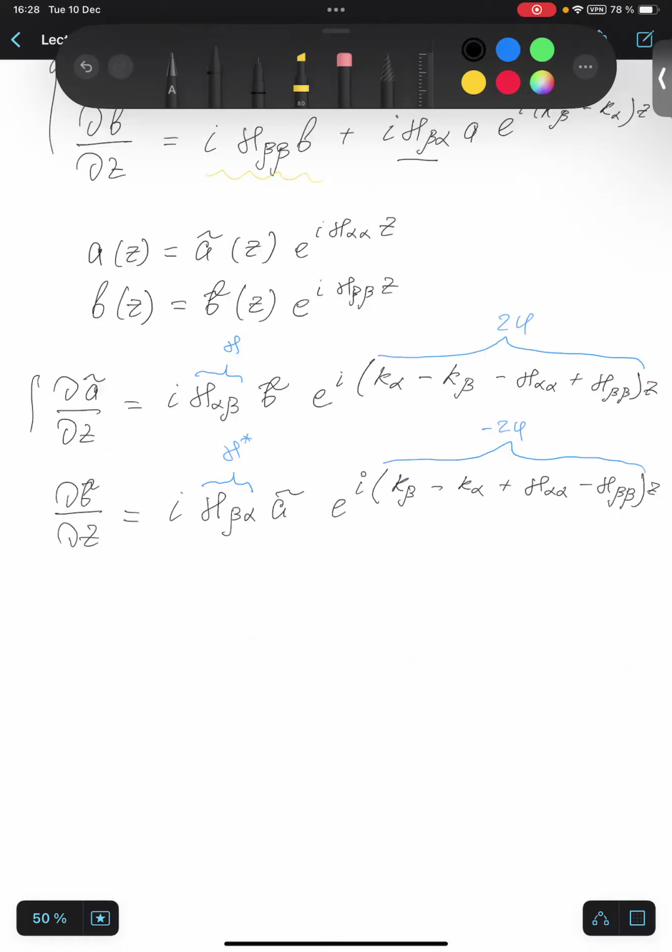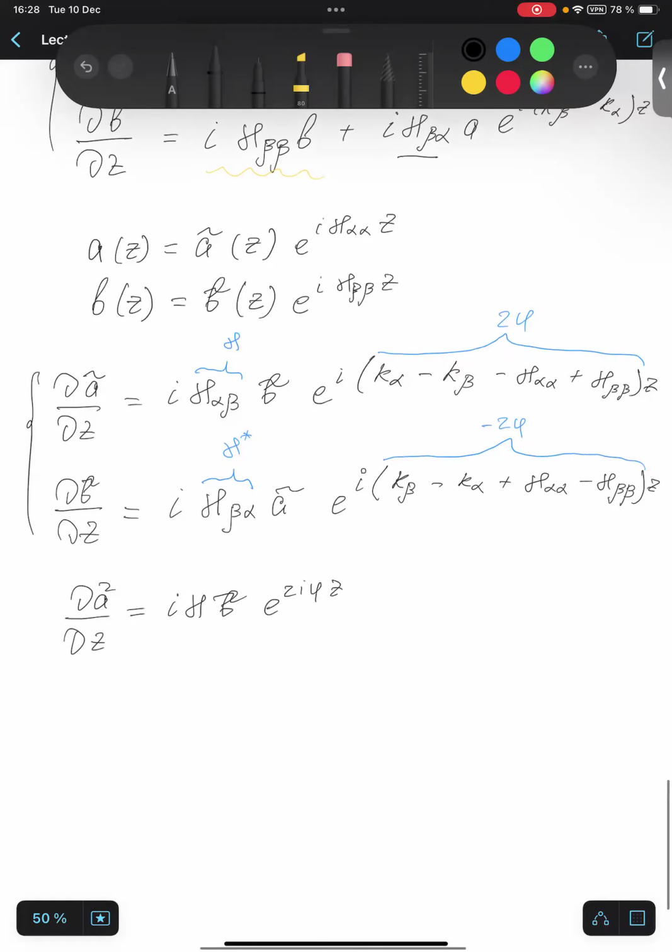Let's rewrite it: d a tilde over dz equals kappa b tilde times e^(i phi z), and d b tilde over dz equals kappa conjugated a tilde e^(minus 2 i phi z).